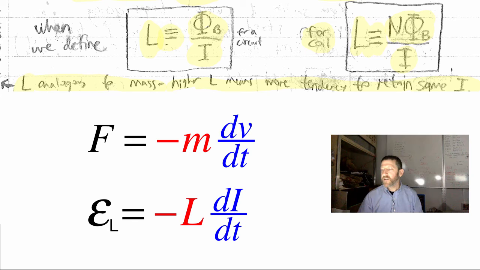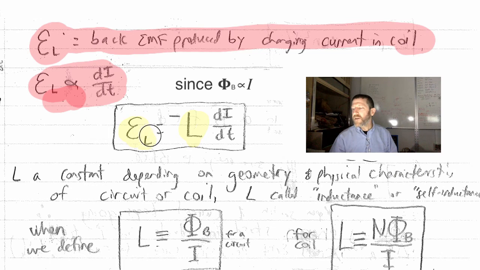That's just like if you take an inductor of inductance L, also called self-inductance L, and you try to change the current in it at a rate di dt, you will get a back EMF of negative L di dt across the coil. The coil will try to push back on any changes in current. Negative L di dt is the back EMF.